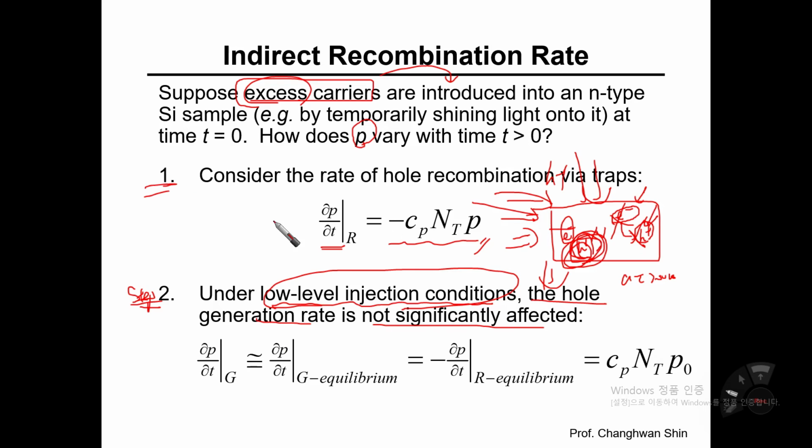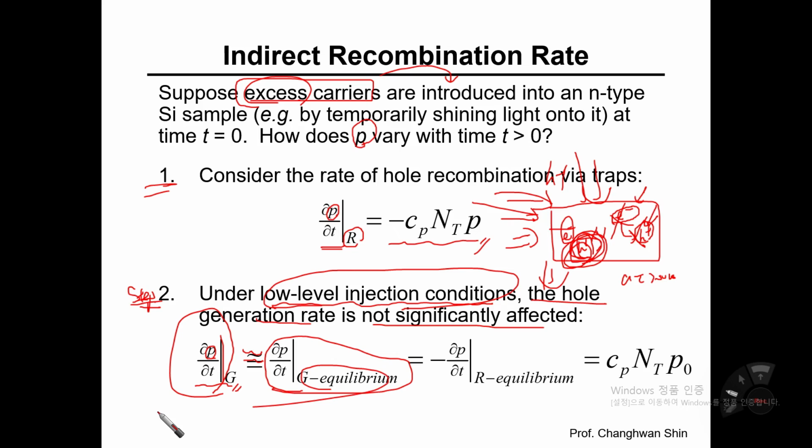In step number 1, we focused on how the hole is removed and annihilated through the recombination process. But in step number 2, how are the holes generated? So we should write down the equation for round p over round t with respect to generation. But this value is almost identical to the equilibrium generation rate, G equilibrium. Before holes are injected into the n-type material, the holes are still being generated.